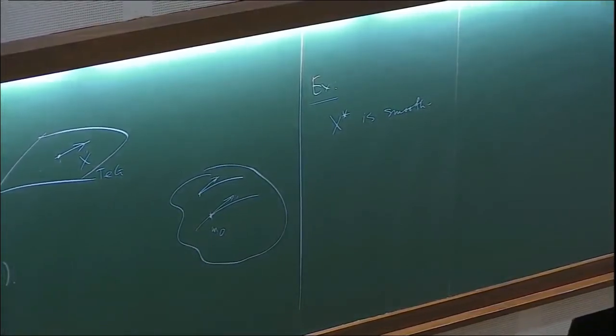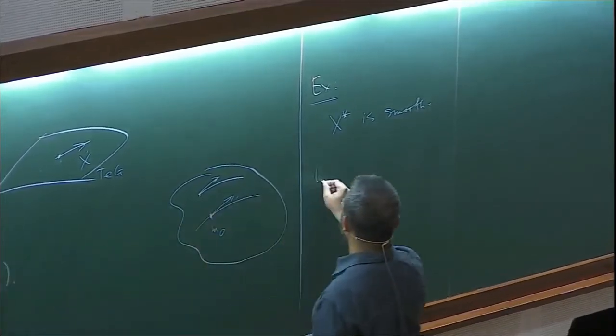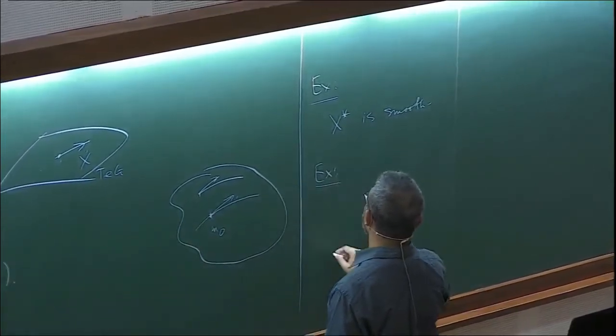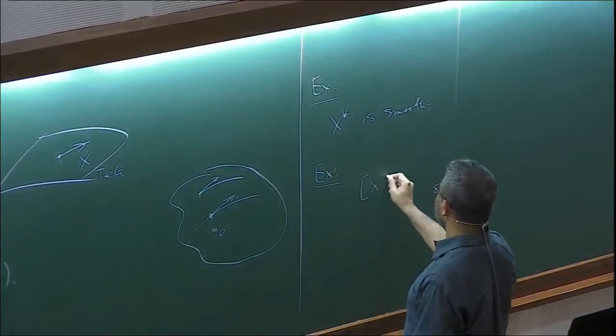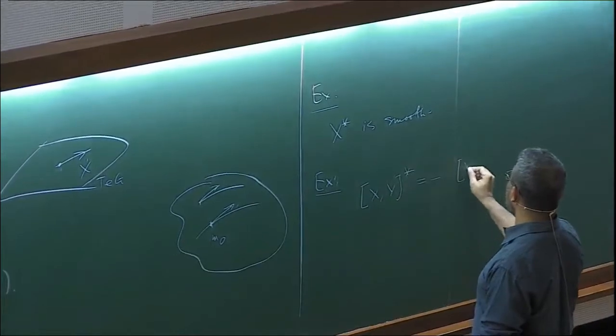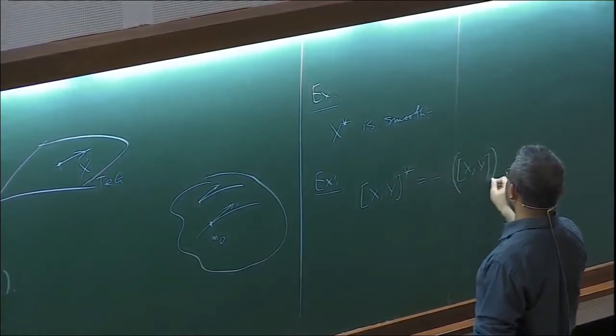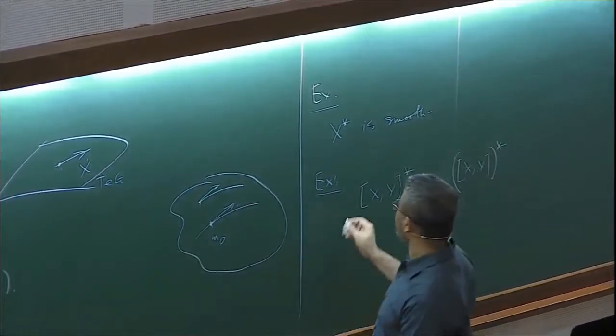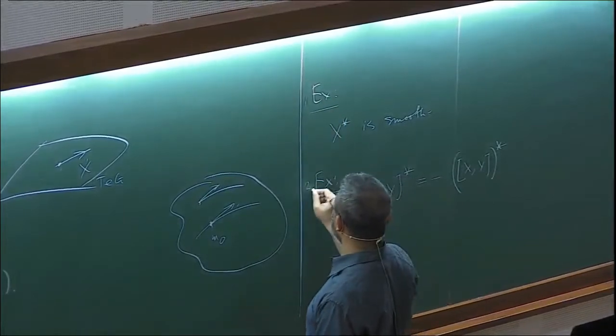This is a very general fact, and you can also prove that the Lie bracket of X star and Y star is going to be minus the star of the bracket xy. That is exercise 2.